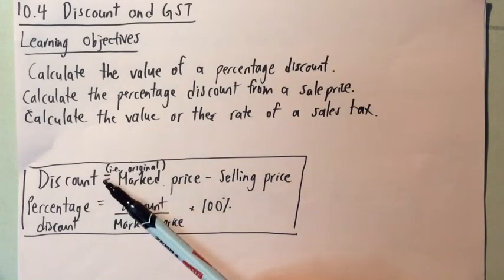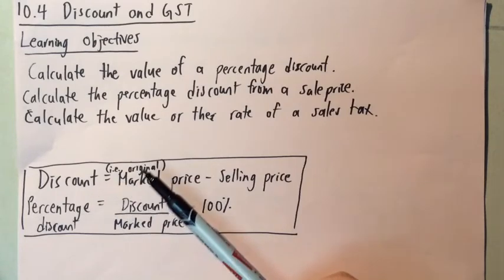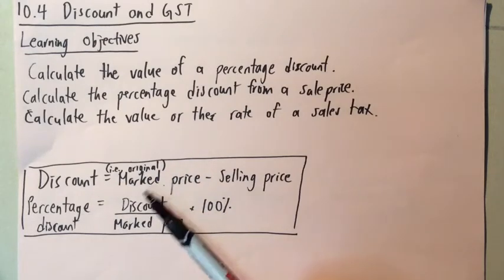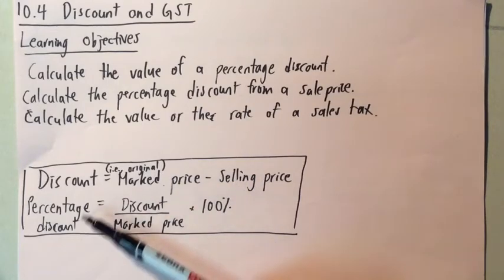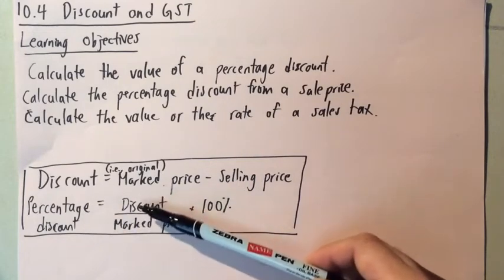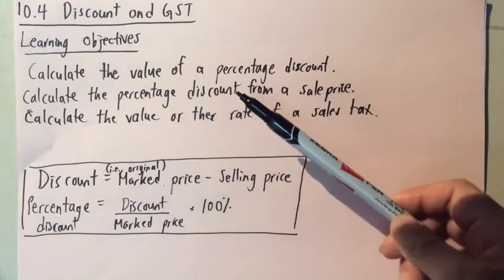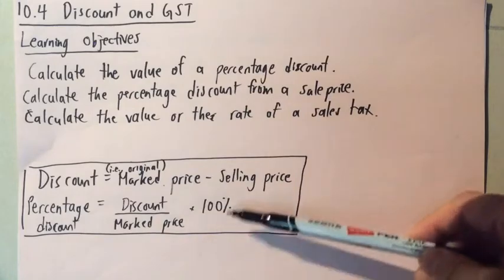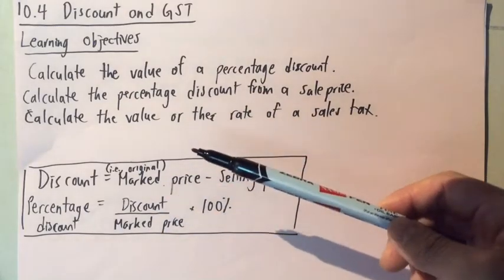For example, the decrease is the original value minus the new value, and a percentage decrease would be the decrease divided by the original value times 100%.